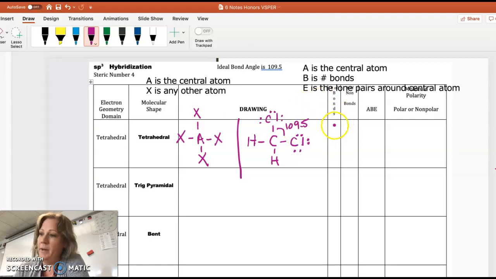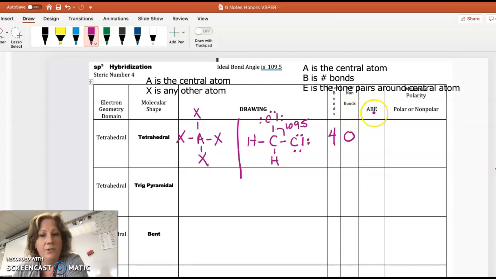So now we're going to look at this part of the chart. So around the central atom, there are 4 bonds. See, 1, 2, 3, 4. And there are no non-bonds. There's no what we call lone pair electrons.